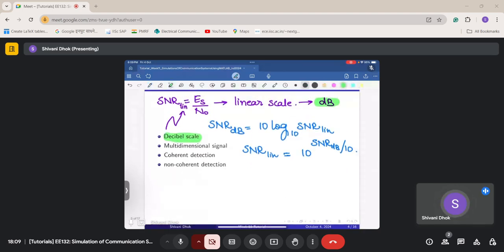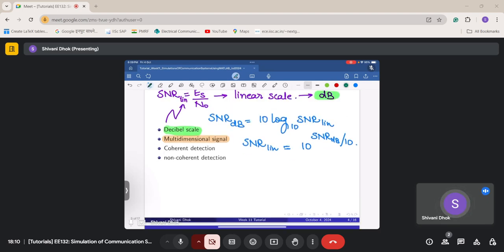After that, we looked at what is known as a multi-dimensional signal. But to first understand what these are, let us first understand the dimension of a signal space. We can write x of t as the summation n equal to 1 to capital N of xn phi n of t, where phi n of t for n equal to 1 to N is a set of bases.